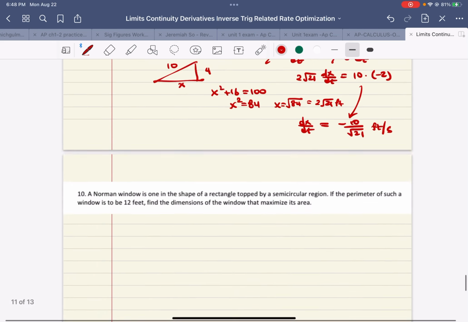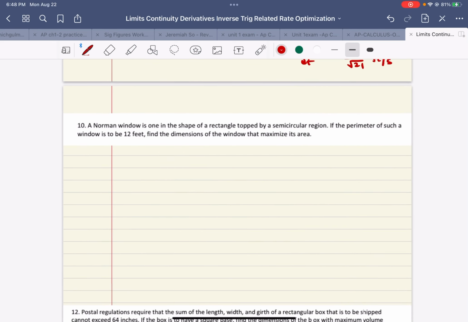Now the next one, number 10. A Norman window is one in the shape of a rectangle topped by a semicircular region. So that means the Norman window looks like this, topped by a semicircle. Let's label this r here and this y. The perimeter is, I think, 12 feet, and we need to find the dimensions of the window to maximize the area.